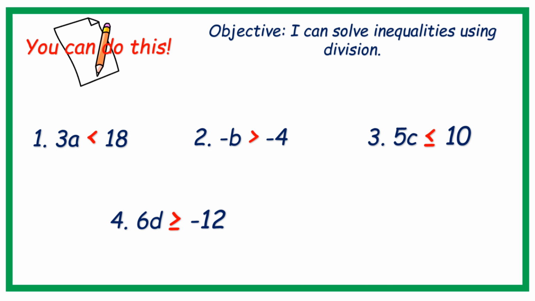Number 4, 6d is greater than or equal to negative 12. And number 5, negative e is greater than negative 9.